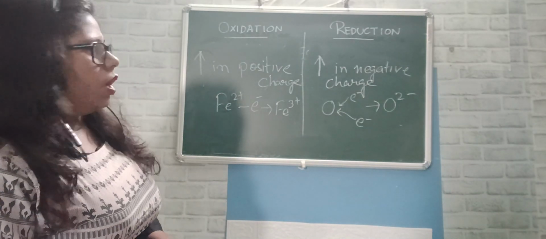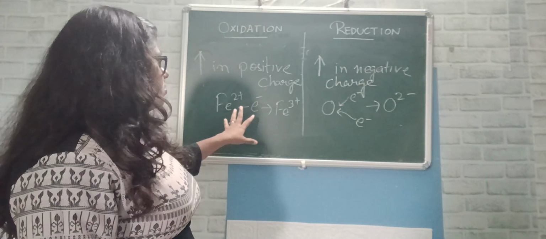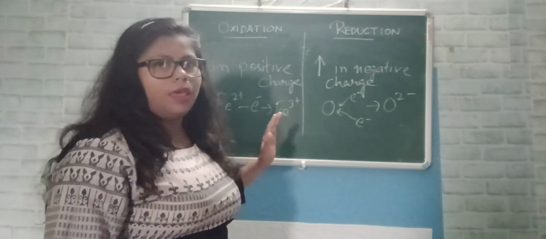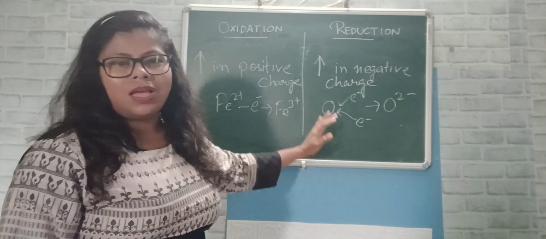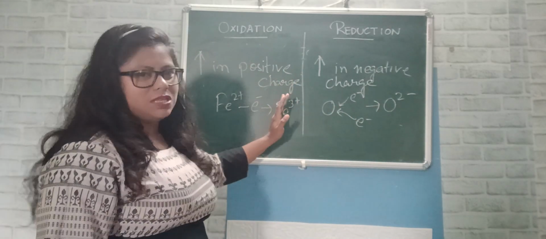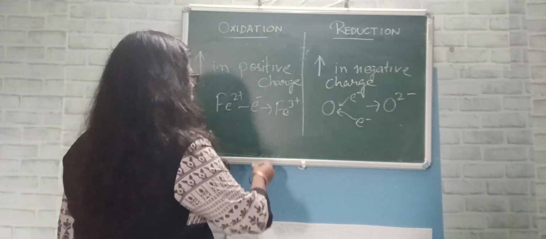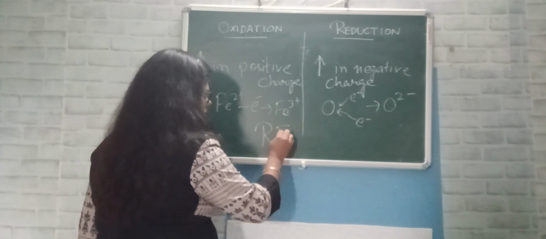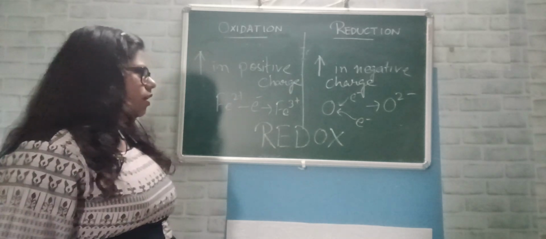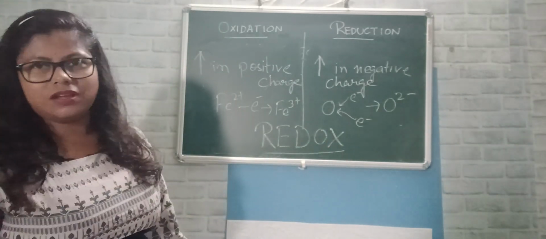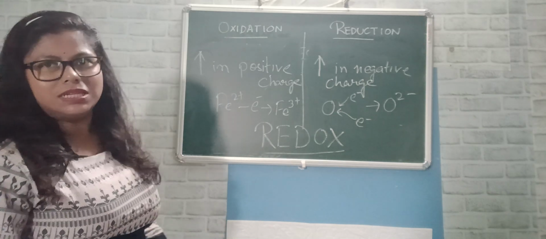Okay? So by just looking at the reaction, you will be able to understand whether oxidation is going on or reduction is going on. Now, when these two processes occur simultaneously, the process is called a redox reaction, where oxidation and reduction occur simultaneously.